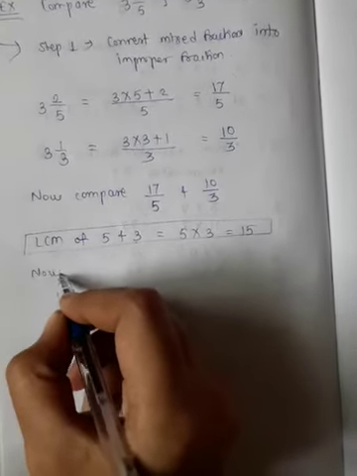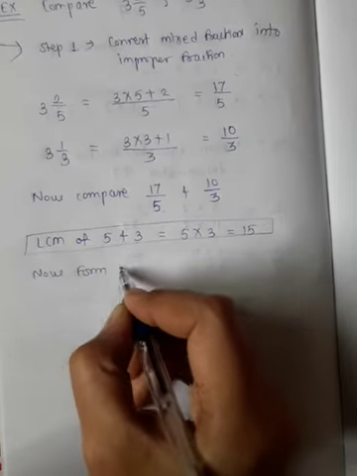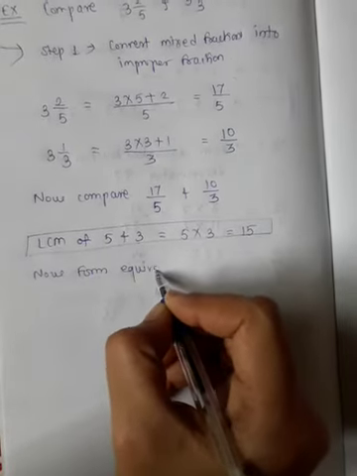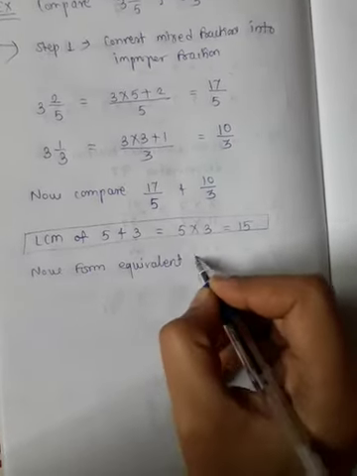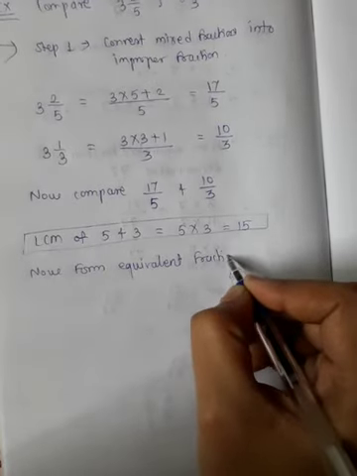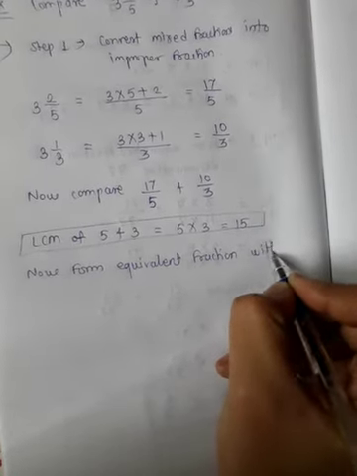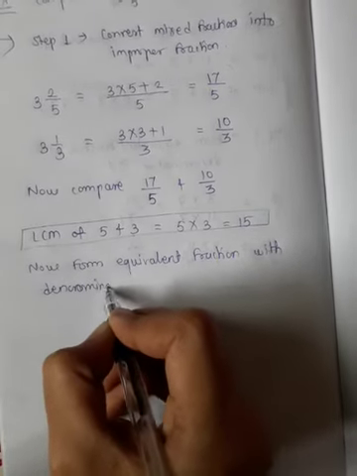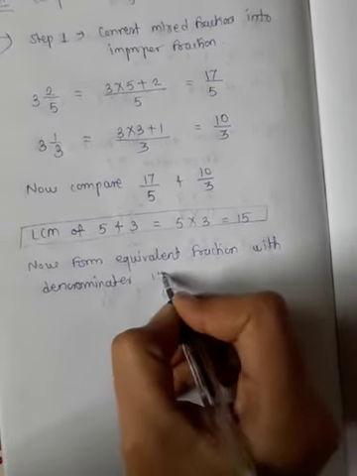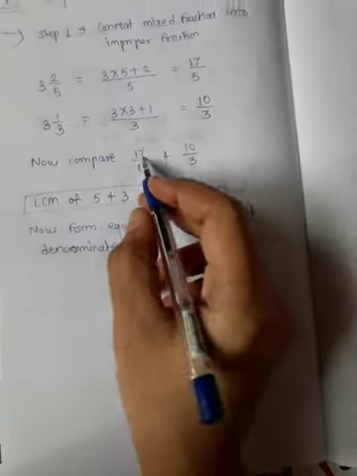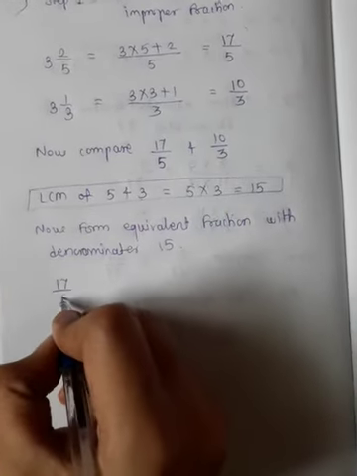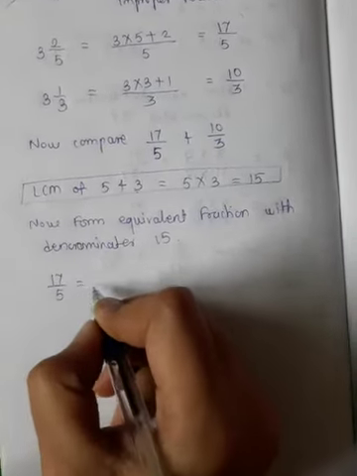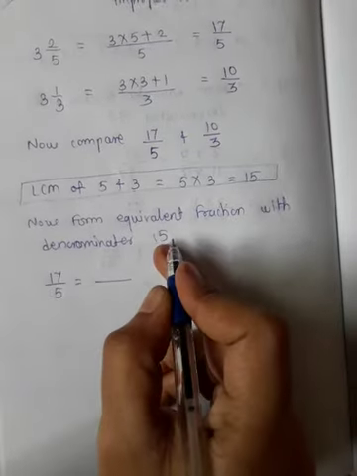Now form equivalent fractions with denominator 15. So here what is our fraction? 17 by 5, and we have to make its denominator 15.